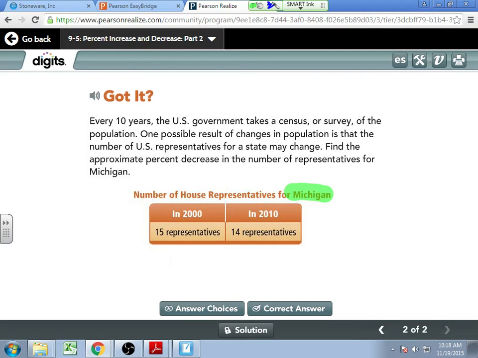This is a real situation. Every time we do a census, which is like a big survey of everybody in the United States, they reallocate how many representatives every state gets. Who knows how many representatives are in the House? Nobody in Math 7 could figure this out for me, so I'm curious. In the House of Representatives, all the states' representatives combined.